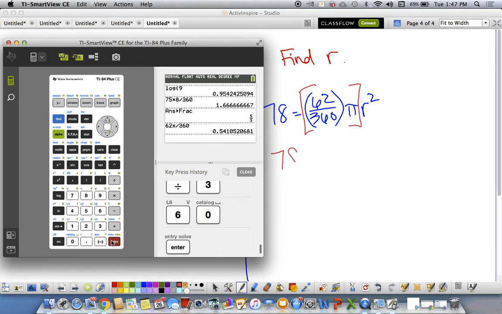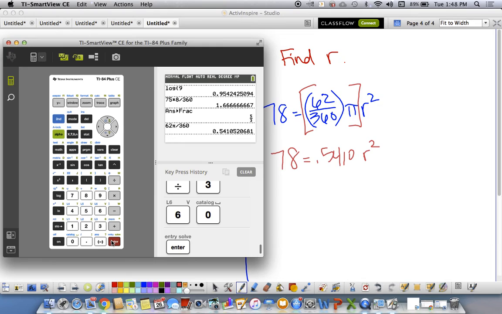So I have 78 equals 0.5410, etc., r squared. Something else you need to know on your calculator. Is 0.5410 really what all that is? No, there's like 6 more decimal places.